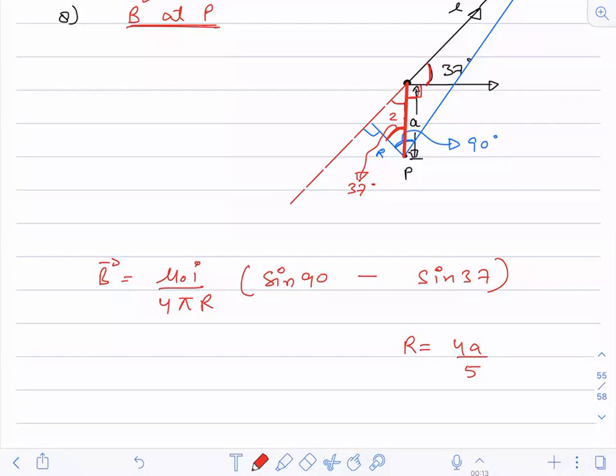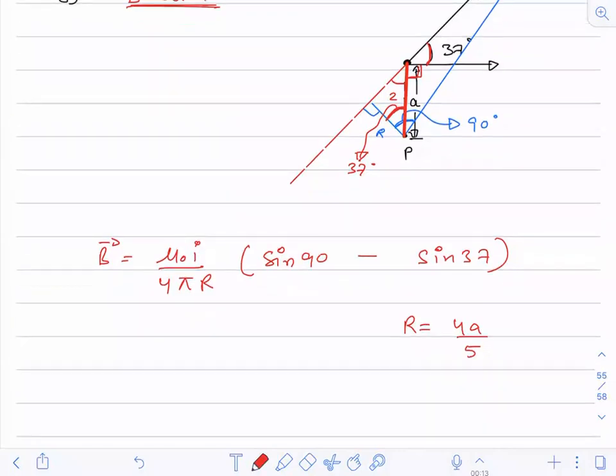Just find out cos 37 in this triangle. If you can see this triangle, find out cos 37 and you will get the value. So just substitute the values now. You will get all the things.